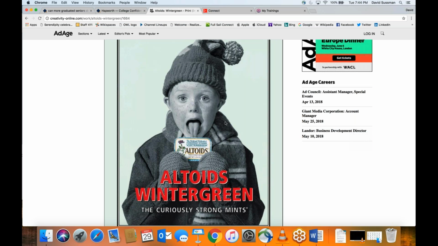Yeah, possibly. And I won't say too much more, but there's a lot that this ad is doing beyond just the surface detail. The kid getting his tongue stuck to the frozen pole, right? Altoids Wintergreen are so cold or so minty that the kid gets his tongue stuck to it. But even beyond that surface detail, there are things that this ad is doing, and that the film A Christmas Story is doing, that I think are worth exploring.